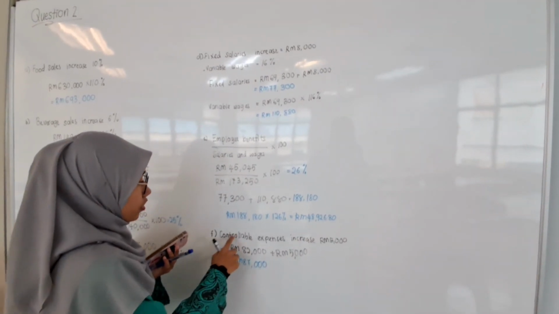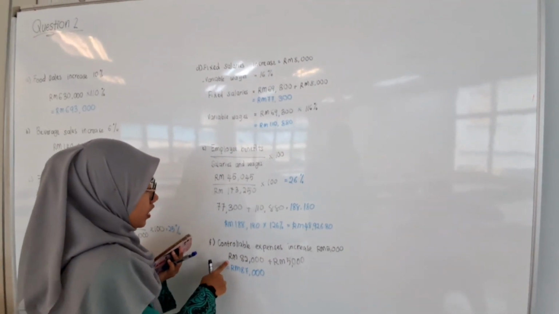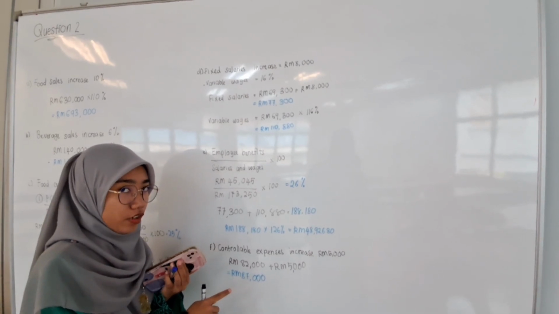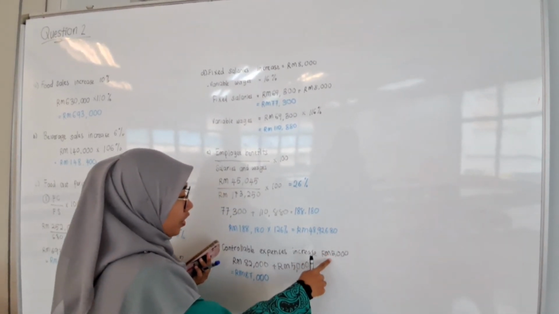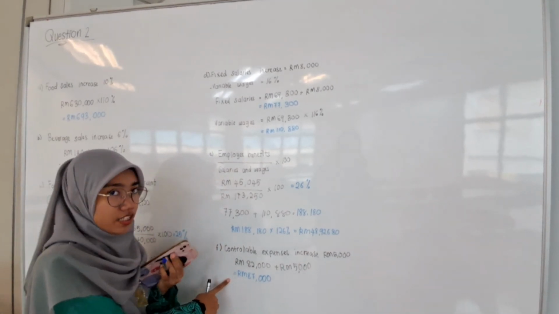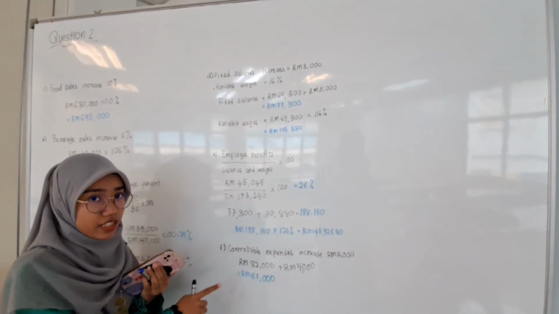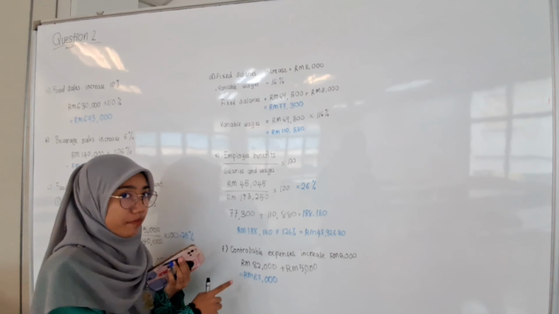For the controllable expenses, we just take from the operating budget that is given and add 5,000, and then we get this answer for the controllable expenses for the upcoming year.